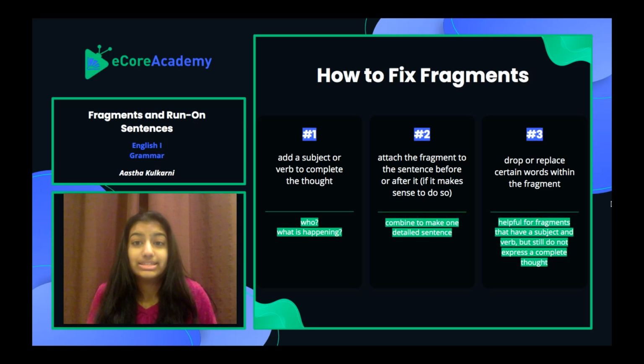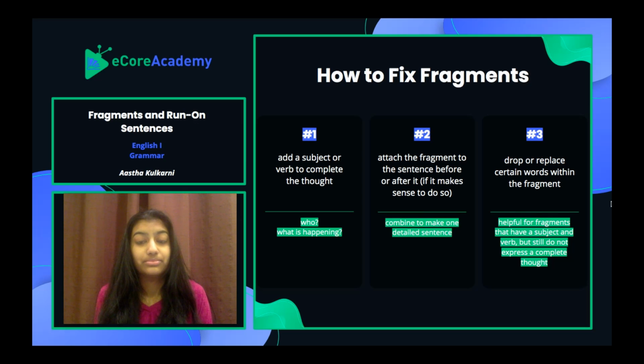Number two, attach the fragment to the sentence before or after it, if it makes sense to do so. You want to really keep in mind what it says in the parentheses, if it makes sense to do so. If you attach it to a sentence before or after, you have to make sure that the content still matches.